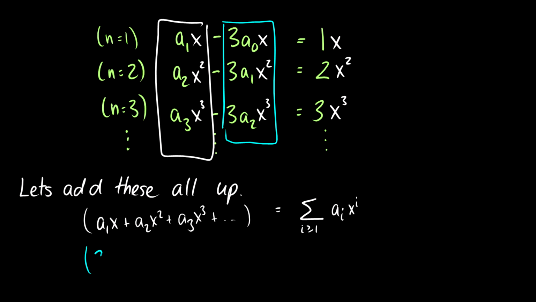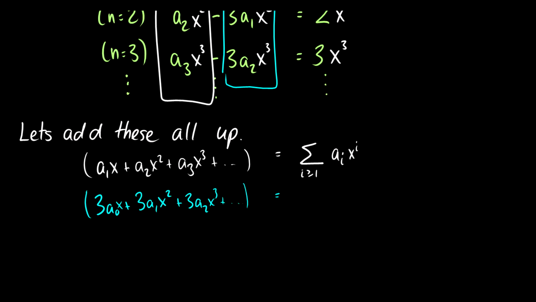So here we have 3a0 times x plus 3a1x squared plus 3a2x cubed plus ... And this is just equal to the sum as i goes from 0 to infinity of a_i x to the i plus 1.